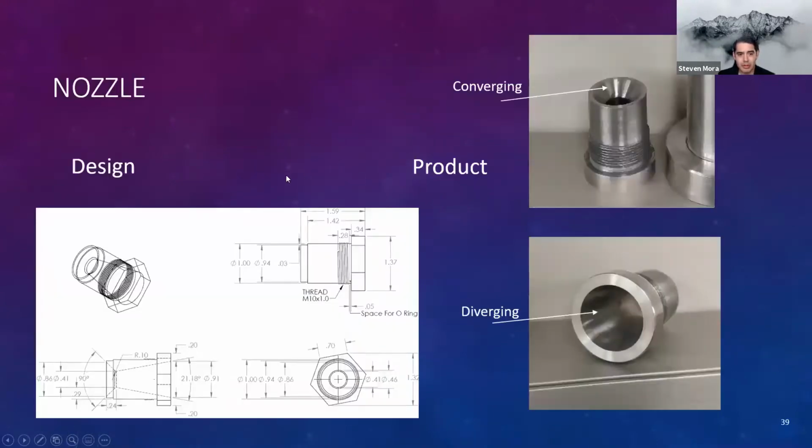Moving forward, this is our design of the nozzle, which shows the converging and diverging geometry. As a result of finding the optimum exit diameter, this angle, 21.1 degrees here, does change. This angle regulates depending on what our optimum expansion ratio will be.